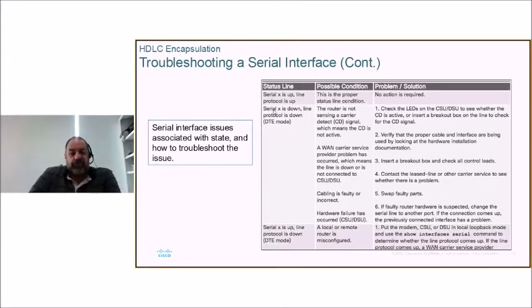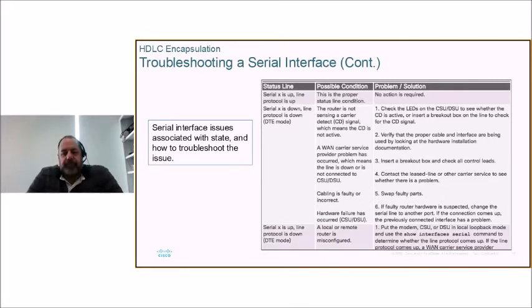If that's not working, the data link layer was never going to work. And so basically you've got to figure out what's wrong with the physical layer. Basically it hasn't been able to detect a carrier signal as one possible problem, or the WAN carrier service provider has a problem, or you have faulty cabling, or you have faulty hardware.